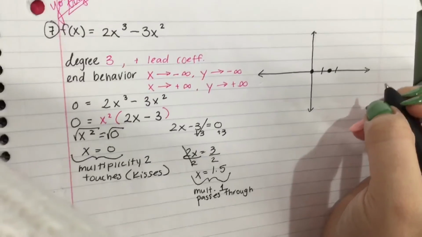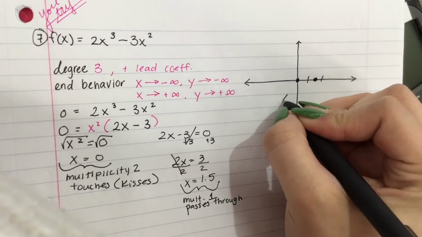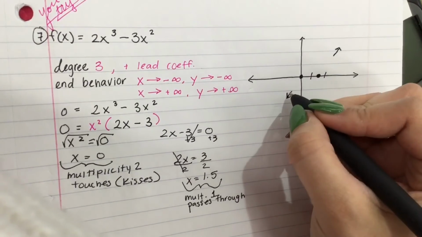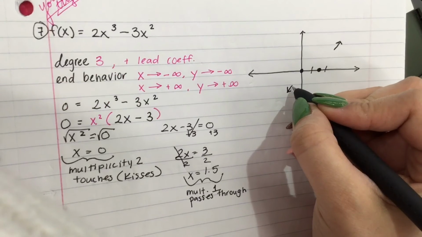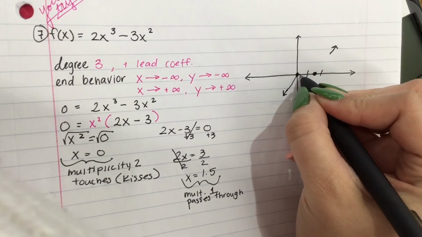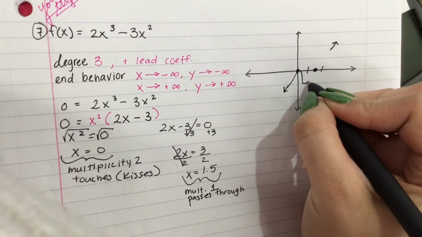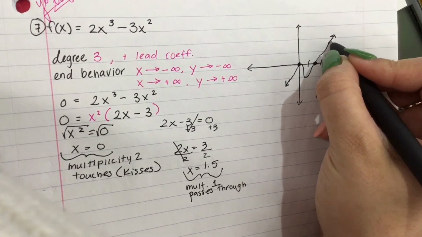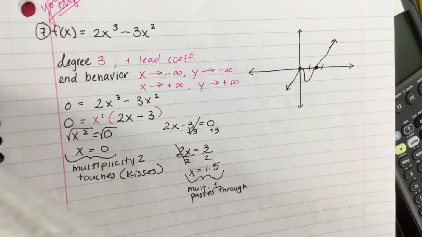I know that this goes down on the left, so I'll put my arrows there, down on the left side and then up on the right side. I know that the picture of this is just going to kiss the graph at x equals 0, and it's going to bounce right off just like a trampoline, and then it's going to pass through that 1.5. So our graph kind of looks like this weird looking N.